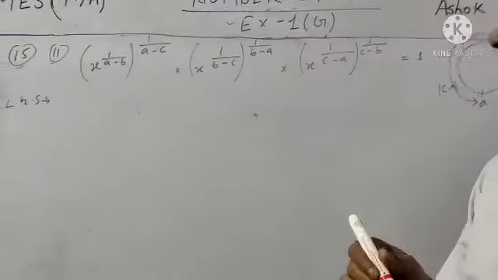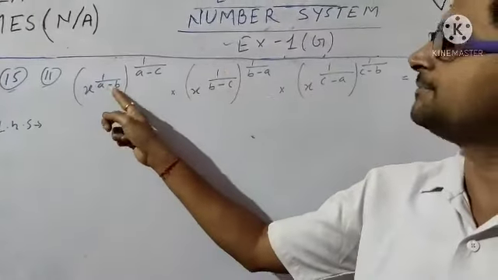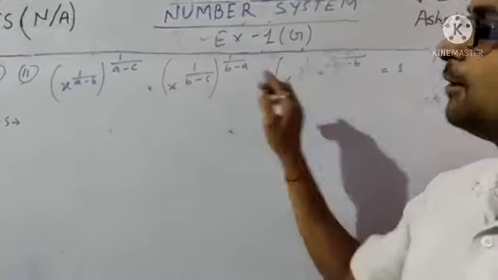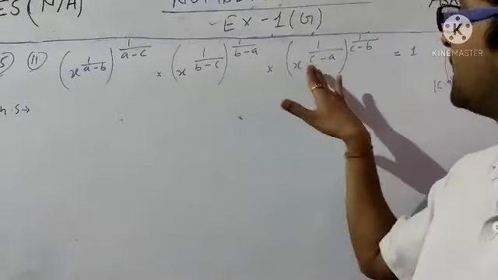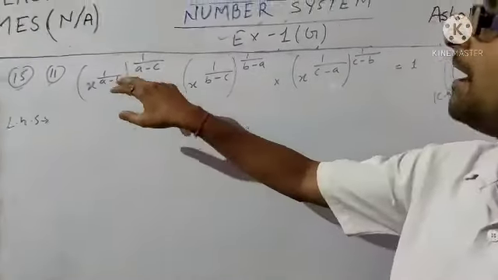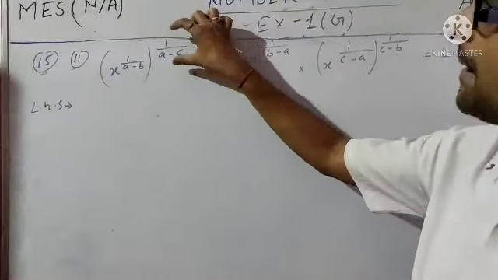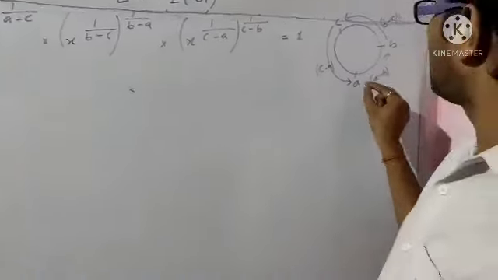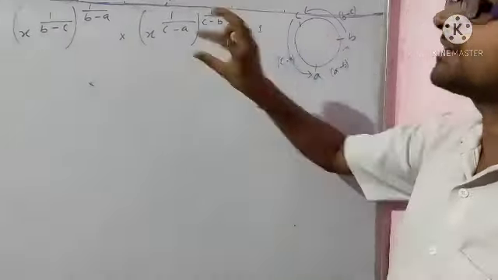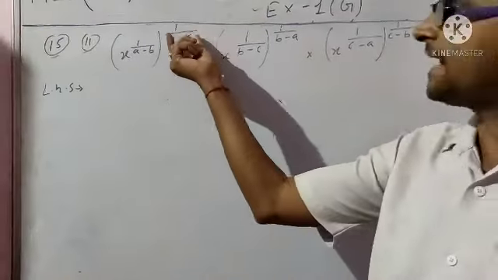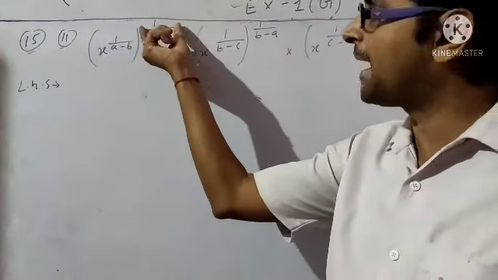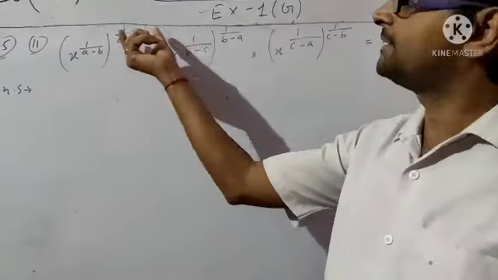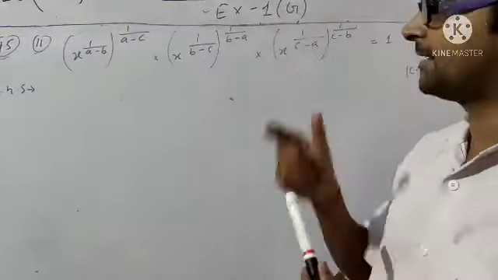Okay. But in this case, 1 by A minus B, this is the B minus C and this is the C minus A. These three values are in a cyclic pattern, but the highest power, meaning the upper power, is not a cyclic form, because 1 by A minus C is the form of C minus A, not A minus C. So take negative, meaning take minus common of the upper term.